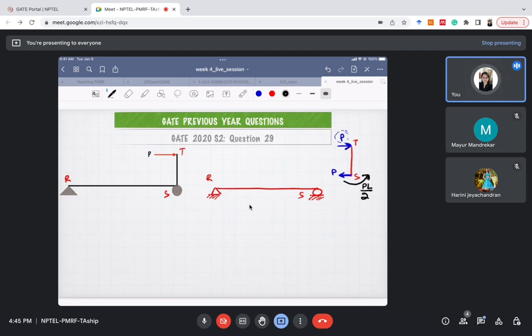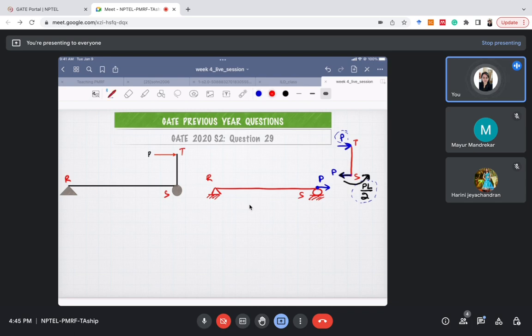Now this load P is applied at the end in this direction. To balance it, we will apply the load here in the opposite direction, P. Now this moment is applied in anti-clockwise direction.